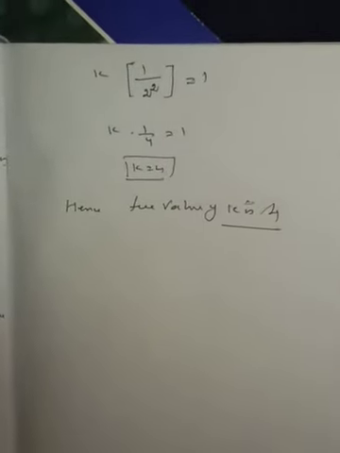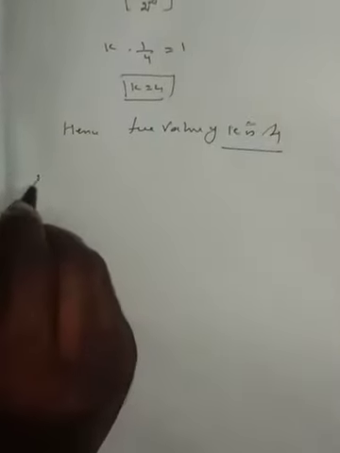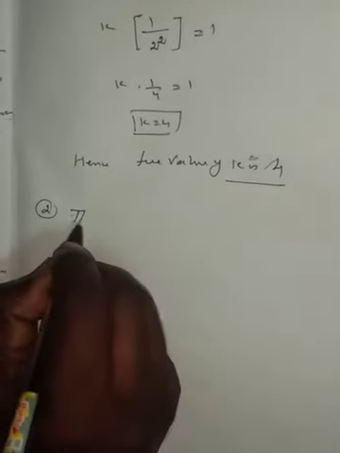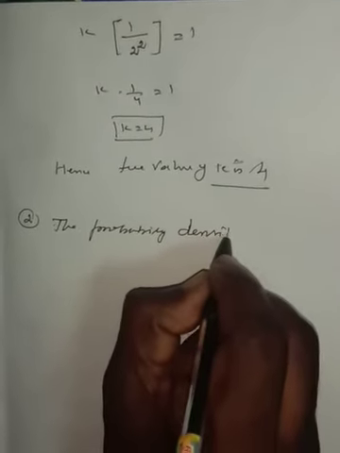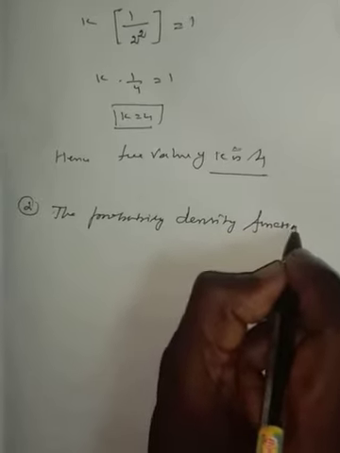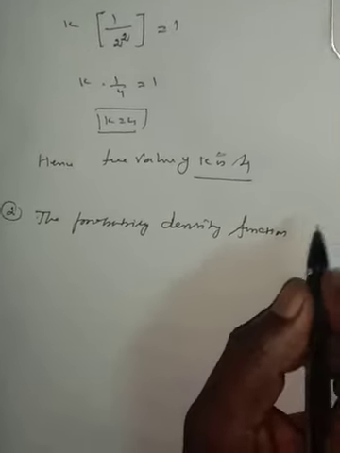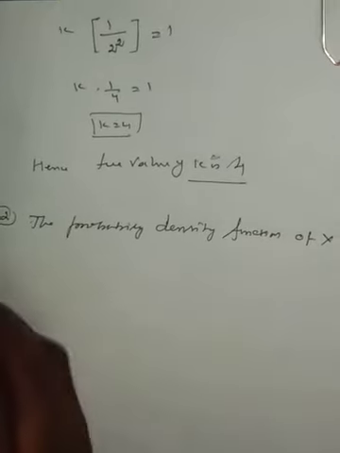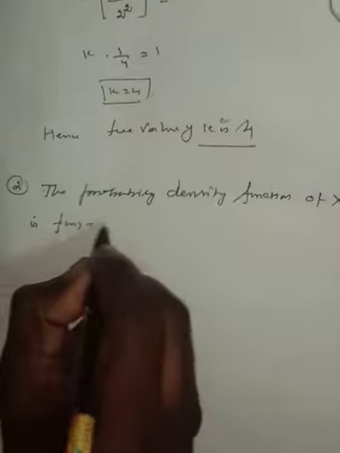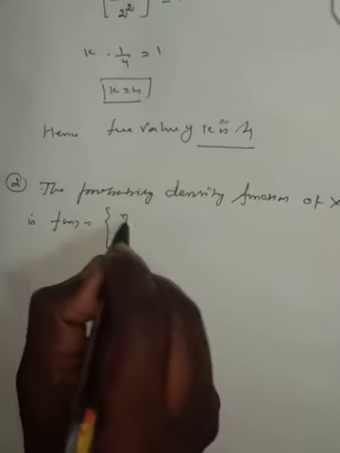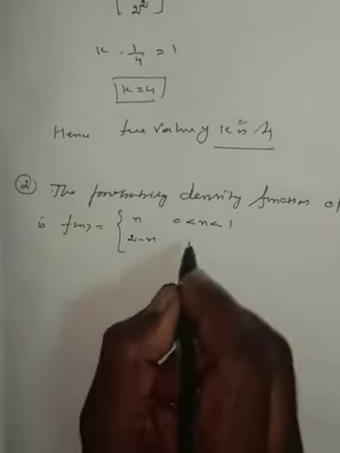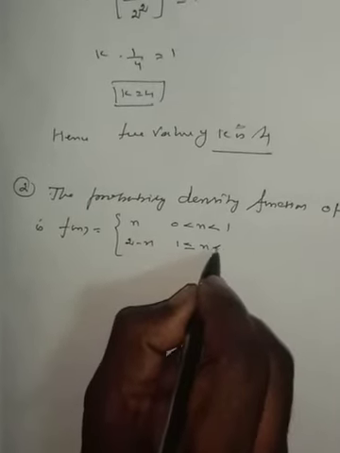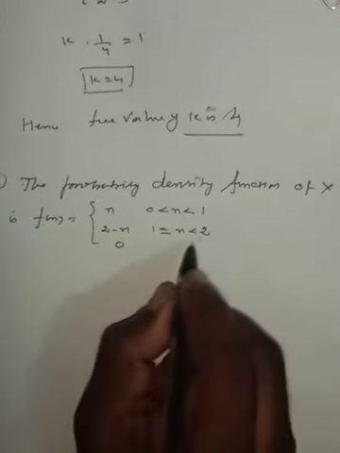Next, question number 2. The probability density function of capital X is f of x is equal to x for 0 less than x less than 1, 2 minus x for 1 less than or equal to x strictly less than 2, and 0 otherwise.